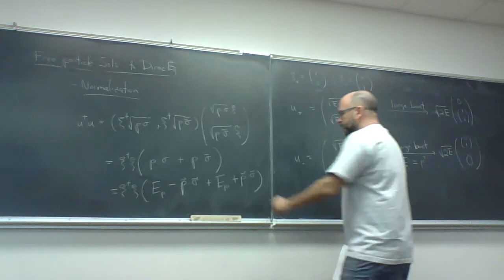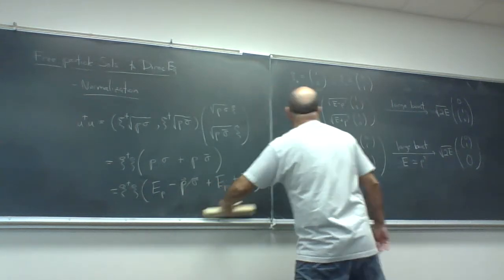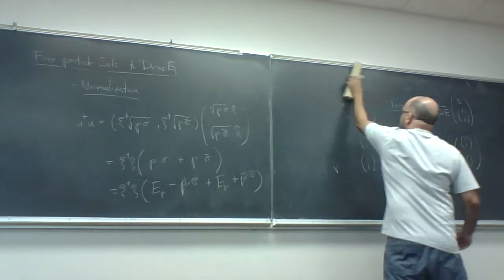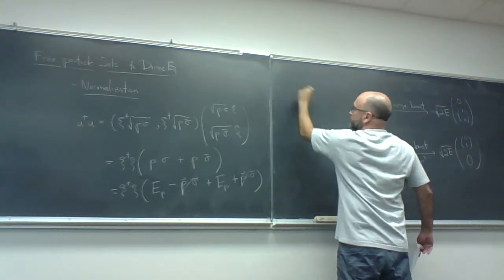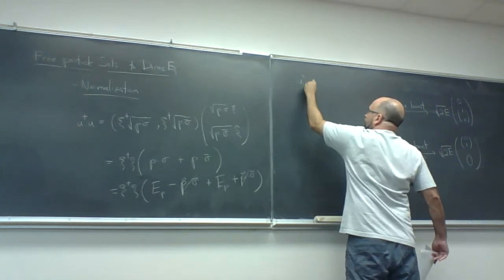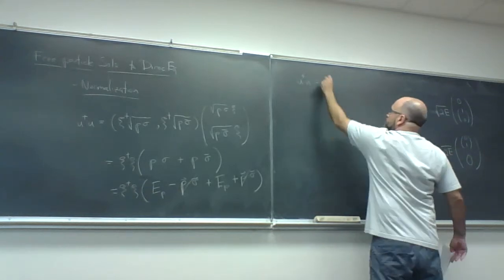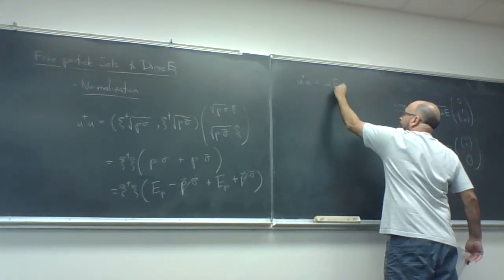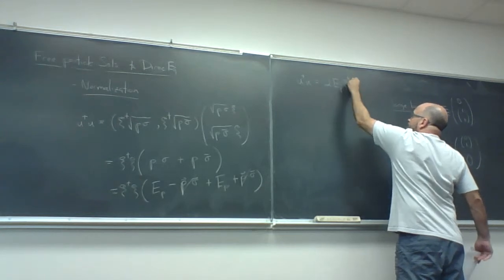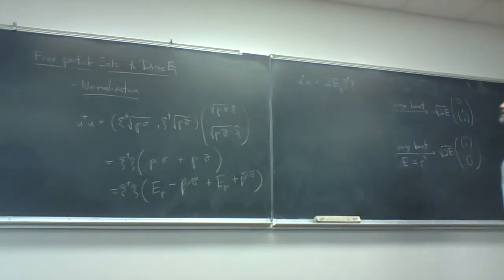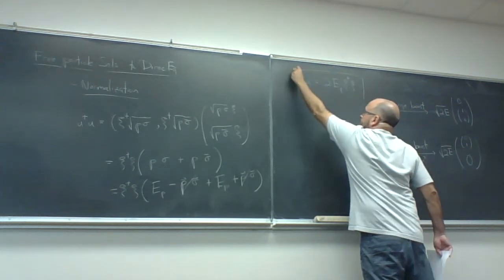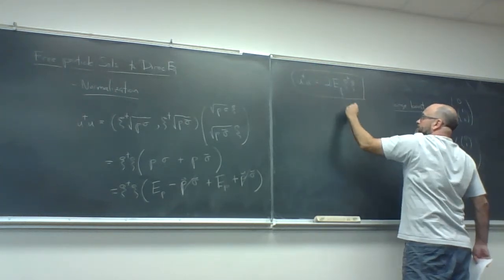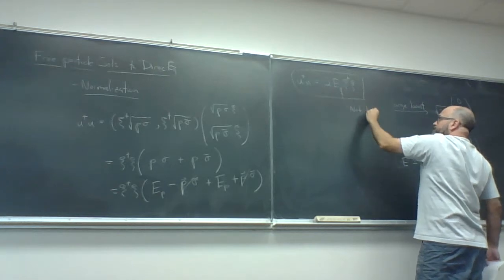These two guys cancel out, and what I get is that u dagger u is equal to 2 times E_p c dagger c. And this thing, because it depends on the momentum, is not Lorentz invariant.